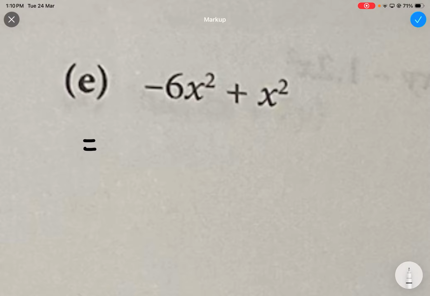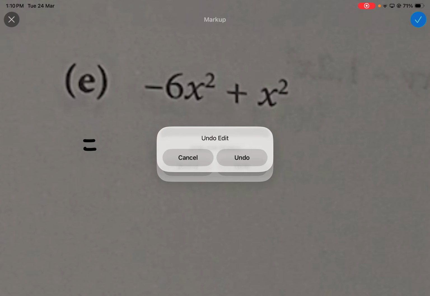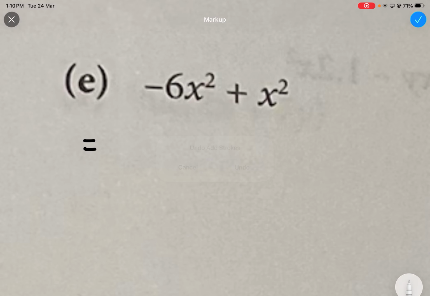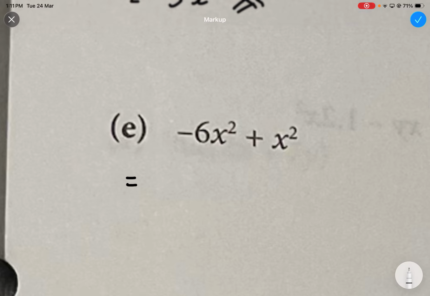Okay, next. Aryan, when we have unknown and number, what do we do? We group the like terms together. Okay?